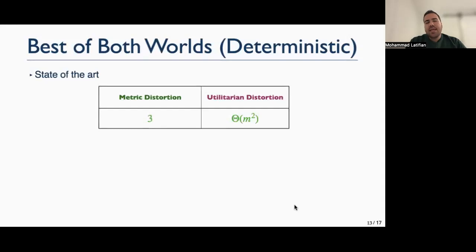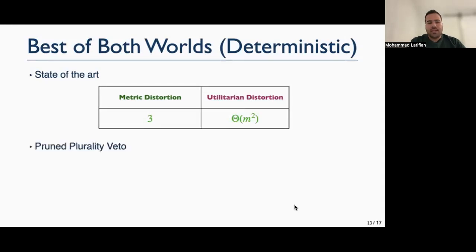In the deterministic case, we try to answer this question. We know that the best possible metric distortion in the deterministic setting is 3, achievable by plurality matching or plurality veto. And the best possible utilitarian distortion is theta of m squared.